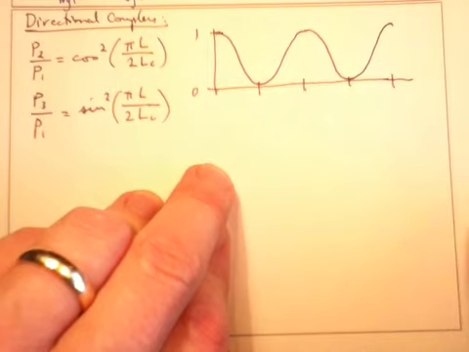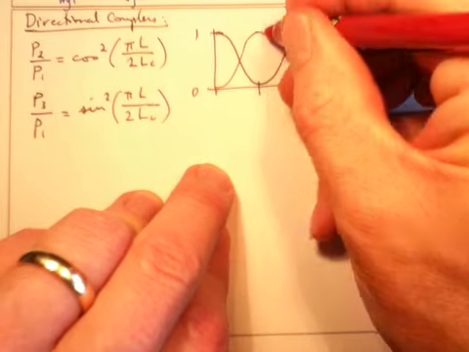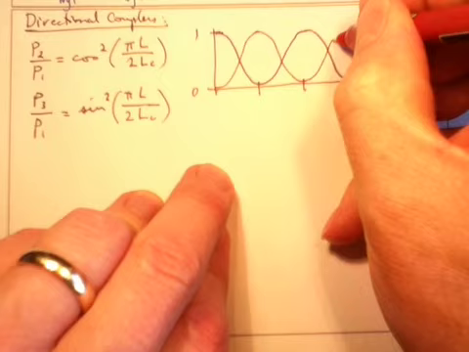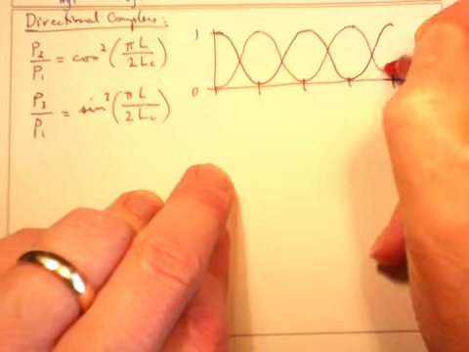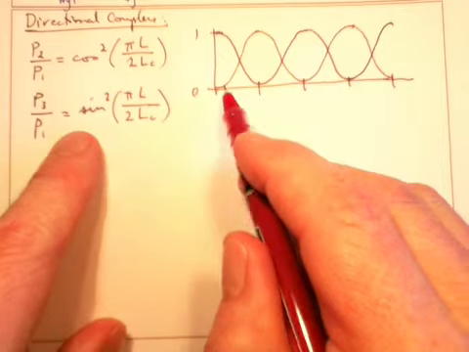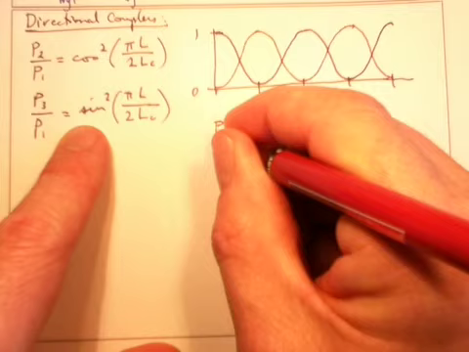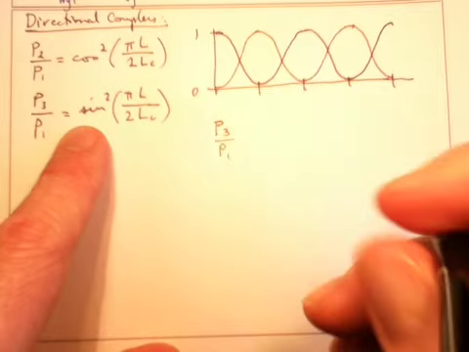And we'll do the other one. This is the sine squared curve. Okay, so the sine squared is the red one, P3 over P1, and then the black one is P2 over P1.